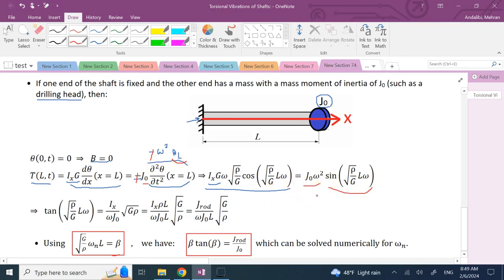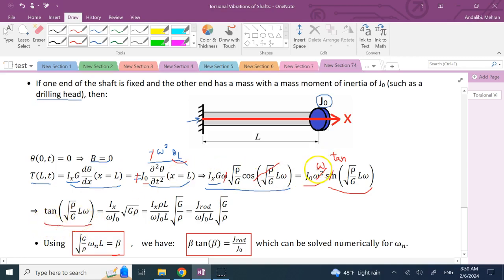Now you try to do some simplifications. You divide both sides by this cosine, so this sine becomes a tangent. Then you simplify one omega from both sides. And here, that is that tangent term that you have.